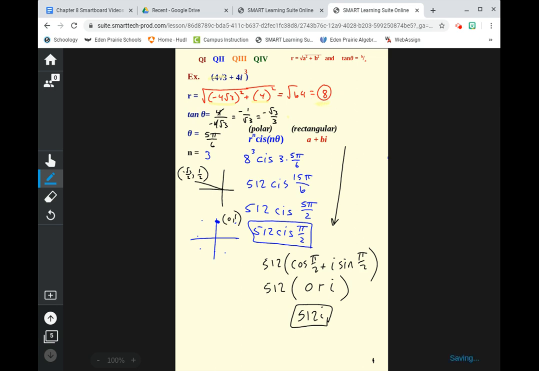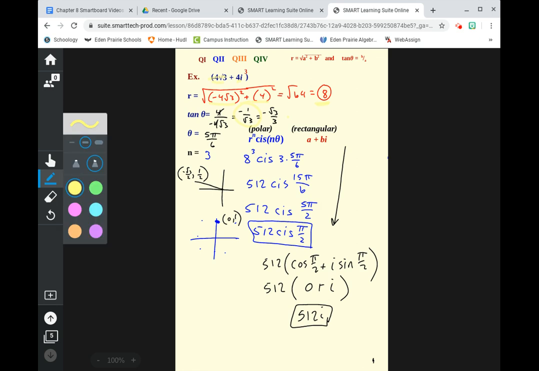There you go. To find theta, same thing we did before, b over a. b is 4. a is negative 4 root 3. The 4's cancel out. I rationalize this to get negative root 3 over 3. So tangent theta equals negative root 3 over 3. The question is, what angle has a tangent equal to negative root 3 over 3?